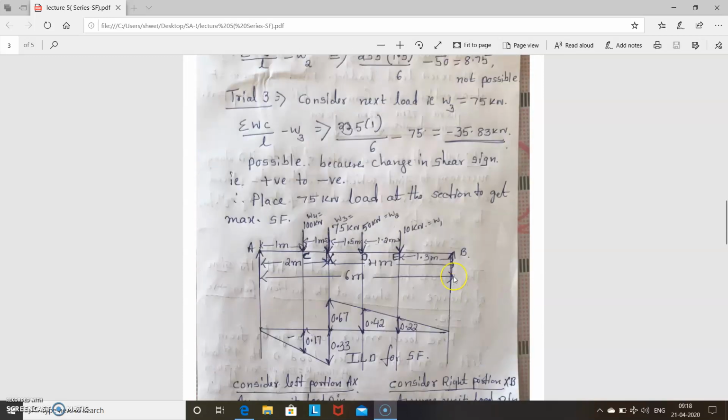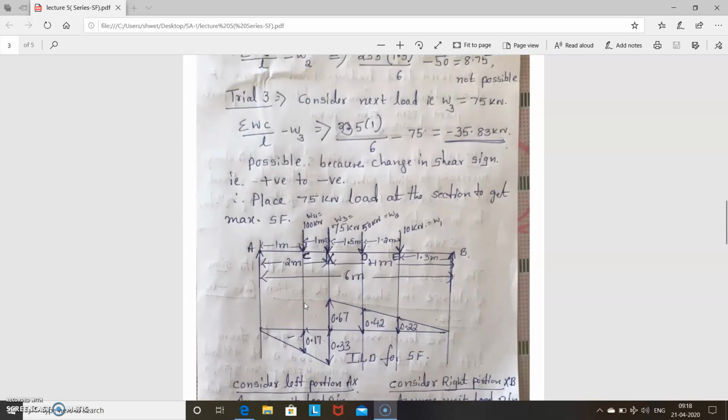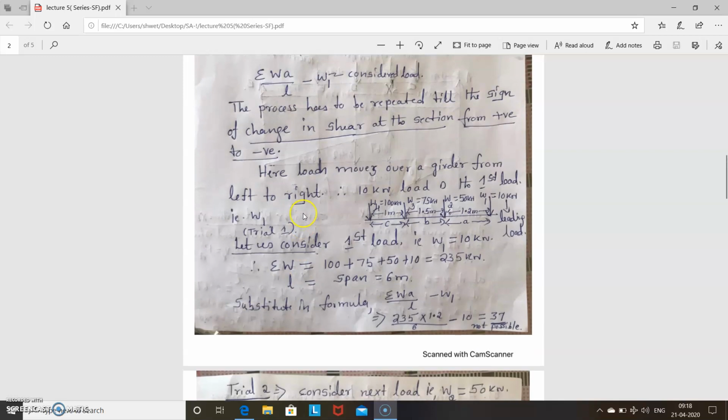Okay, so I will conclude now. When there is a series of loads, first you have to select which load to place at the section. For that you use the formula: summation of W times a divided by L, minus W1. Then the process has to be repeated until the sign of the shear at the section changes from positive to negative.